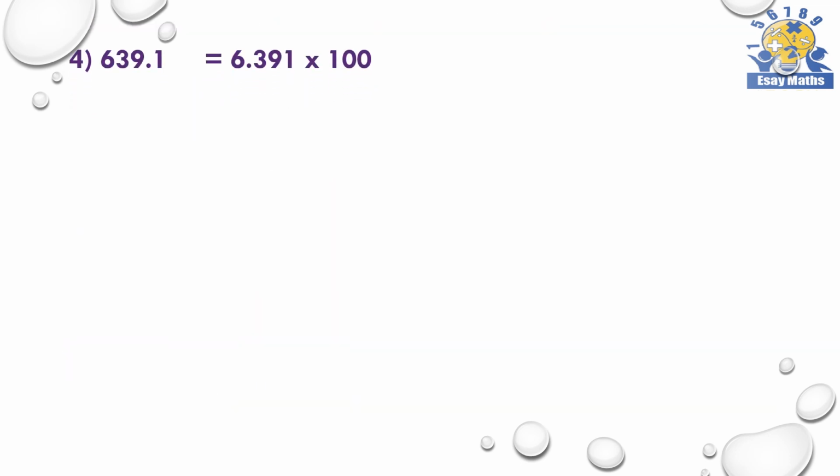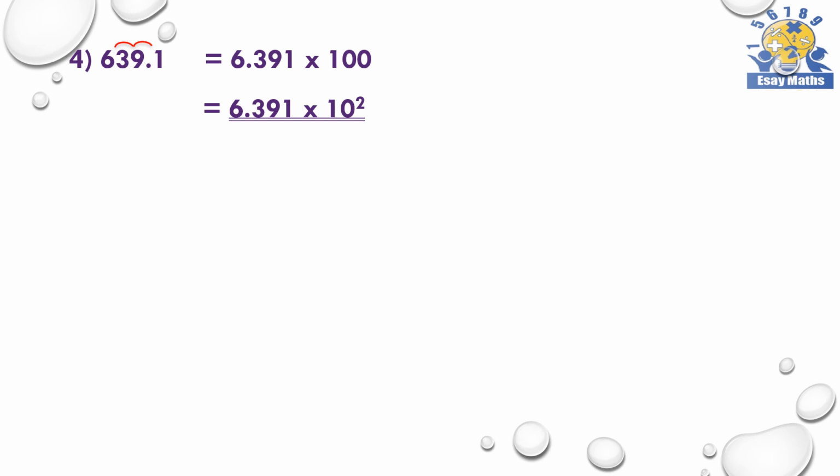Fourth one, 639.1. You can express it as 6.391 into 100. Now we can express it as 6.391 into 10 to the power 2. In here also you can use the easiest method. 639.1.